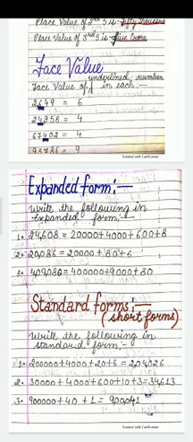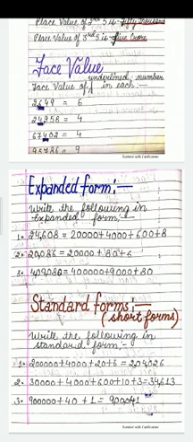So in this number 6432, if someone asks you the place value of 6, then the place value will be 6000. But if instead someone asks you the face value of 6, you will say the face value of 6 is 6 itself. The face value of the number remains the same as the name of the number.